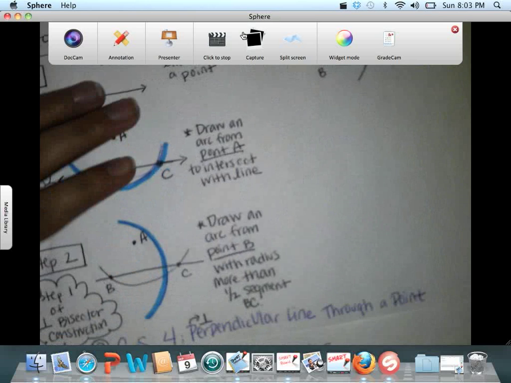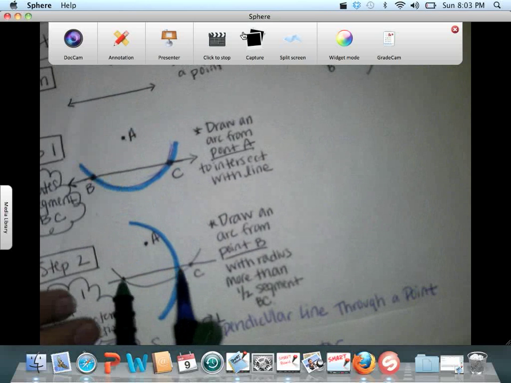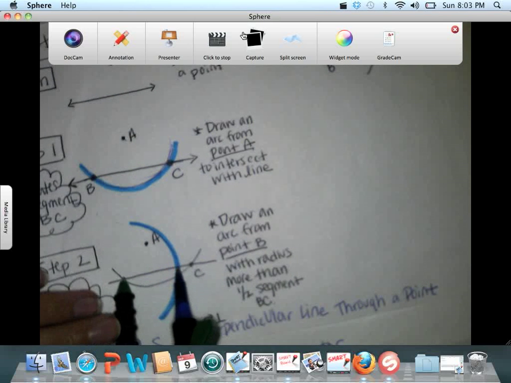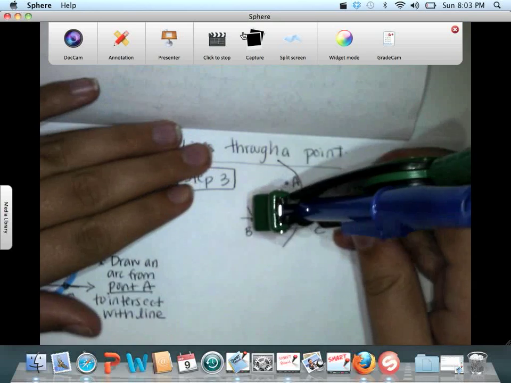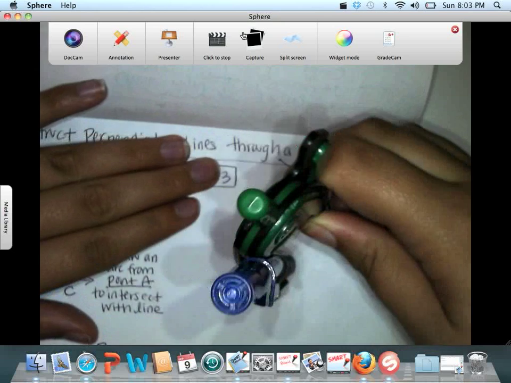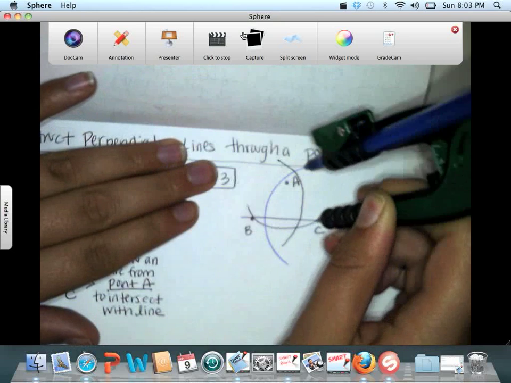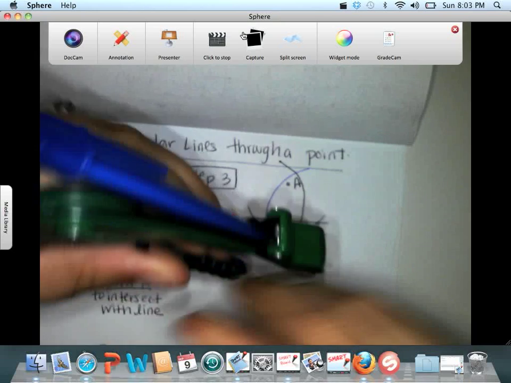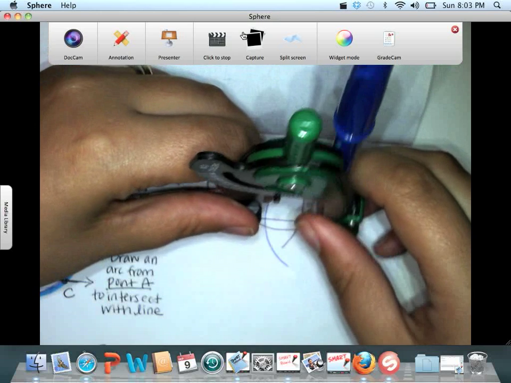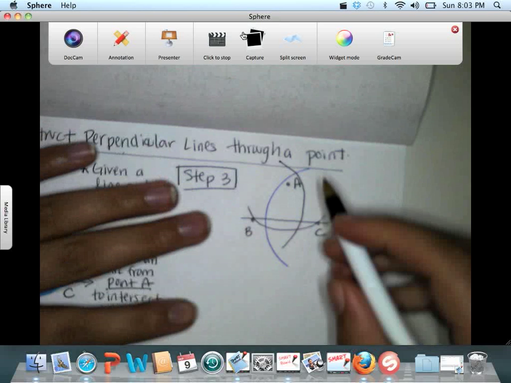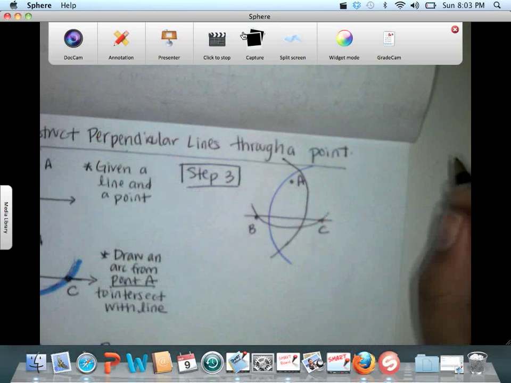So notice if you go back down here and you measure how big the radius was, you want to use the same radius as you did from B, except on C. Just check. Okay. And what will happen is it'll cross.